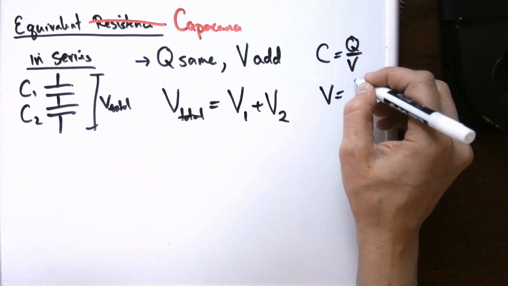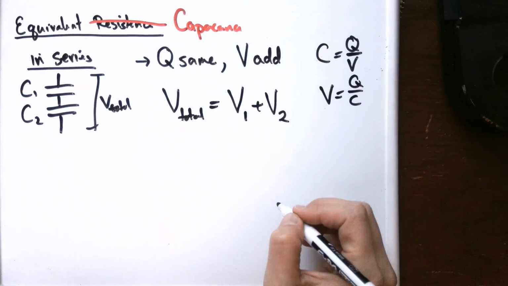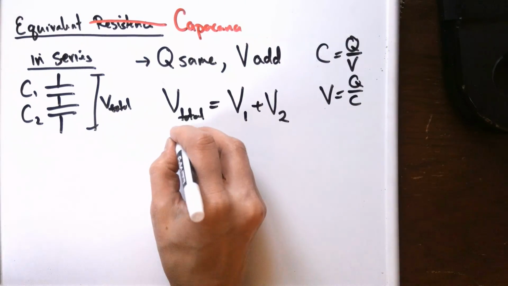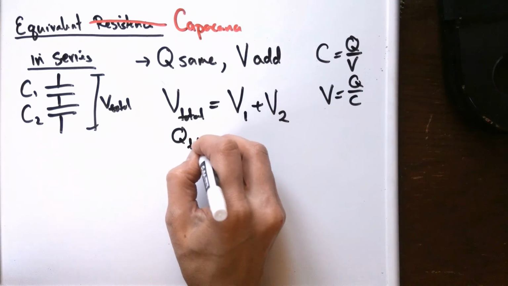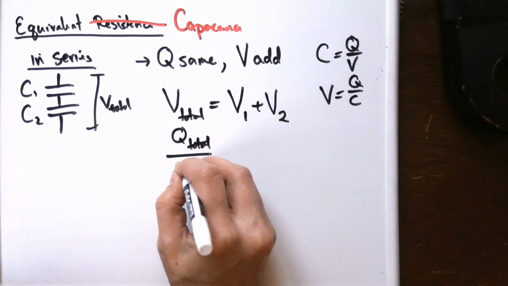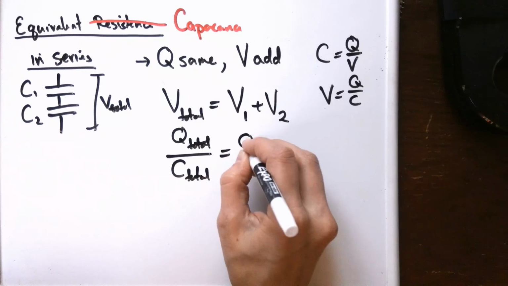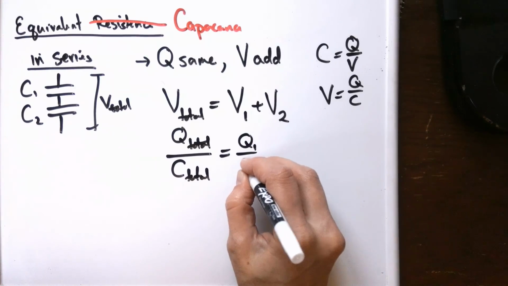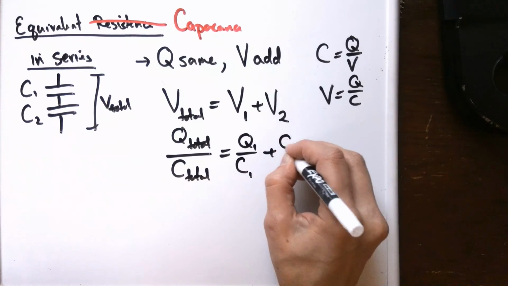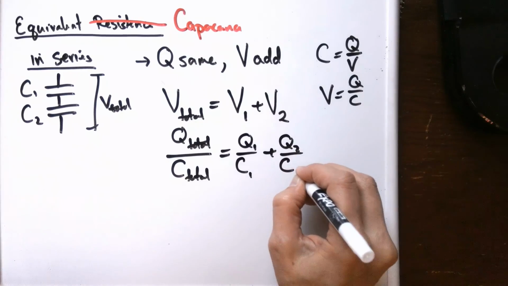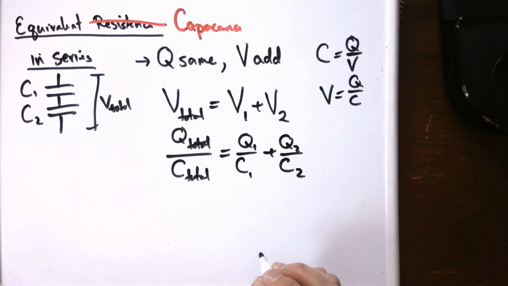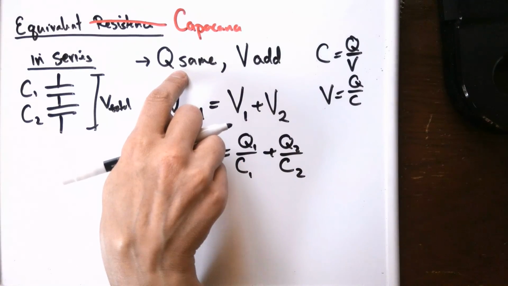Rearrange this so we get Q over C is our voltage. So the total voltage is the total charge over the total capacitance equals Q on capacitor 1 over C of capacitor 1 plus Q of capacitor 2 over the capacitance of capacitor 2. But the Q's are the same.